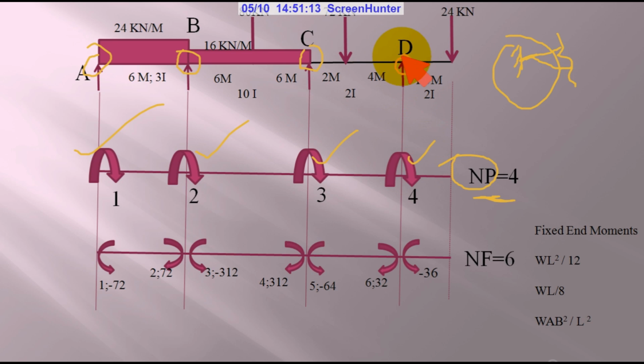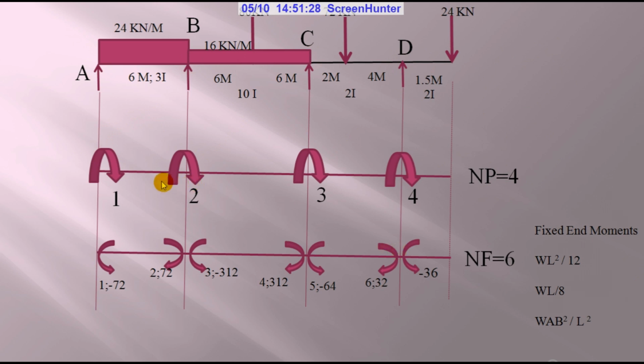Now if these are the simple supports, if there would have been hinged supports or roller supports, even then rotations would have been there. So in this continuous beam there are 4 rotations which I have shown here, and I have abbreviated it as NP. So NP equal to 1, 2, 3 and 4. This is one overhanging portion.